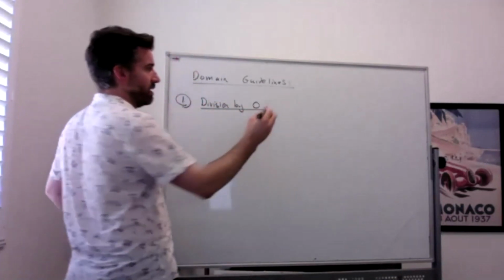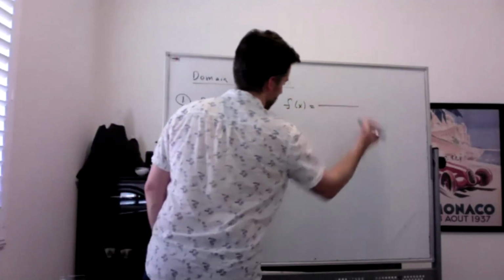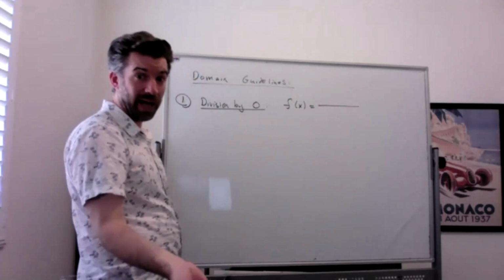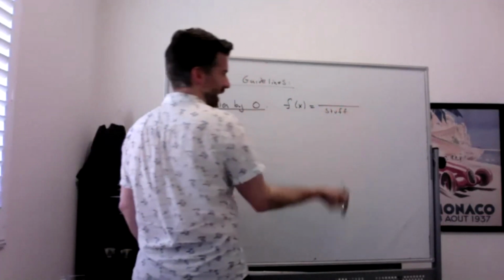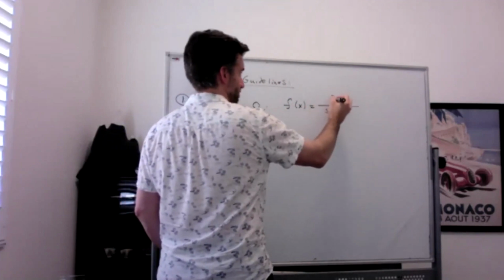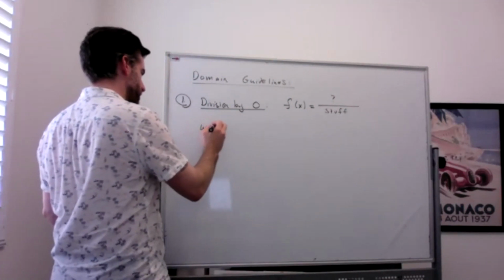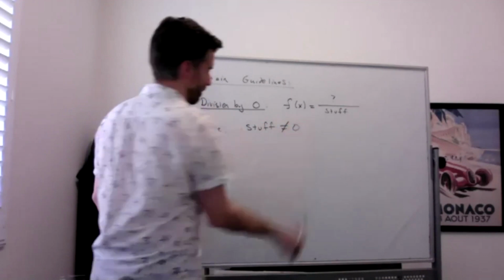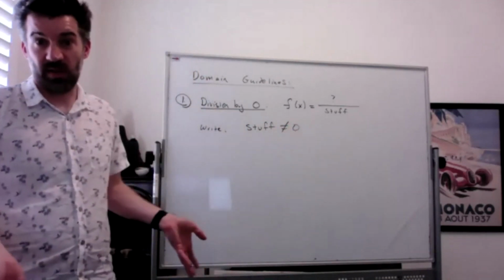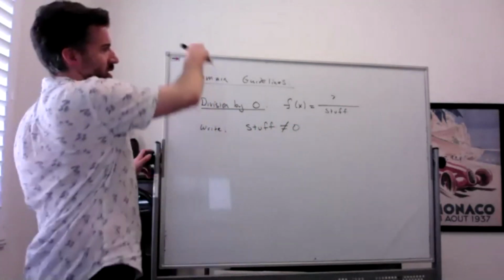So what I usually think of is if our function is equal to some kind of fractional or rational looking thing, and you've got some stuff on the bottom, I don't really care what's on top, then what I want to say is that the stuff cannot equal 0. That's where I'm going to start. So actually I'm going to leave this here and we'll do some examples on the other side.